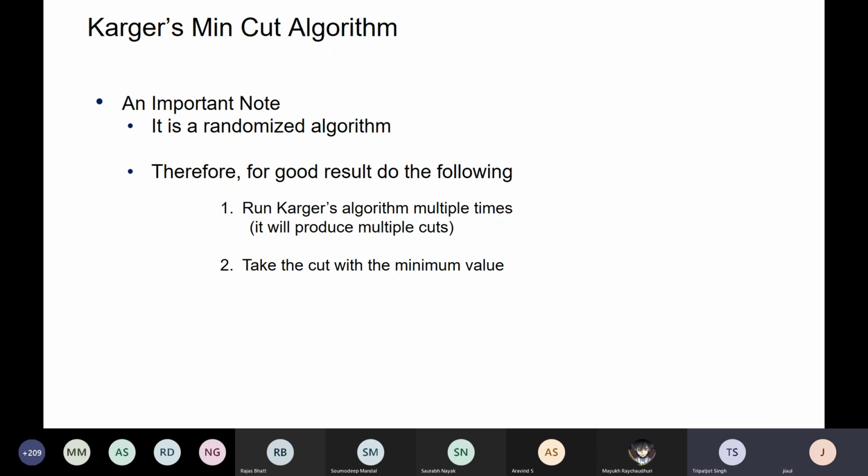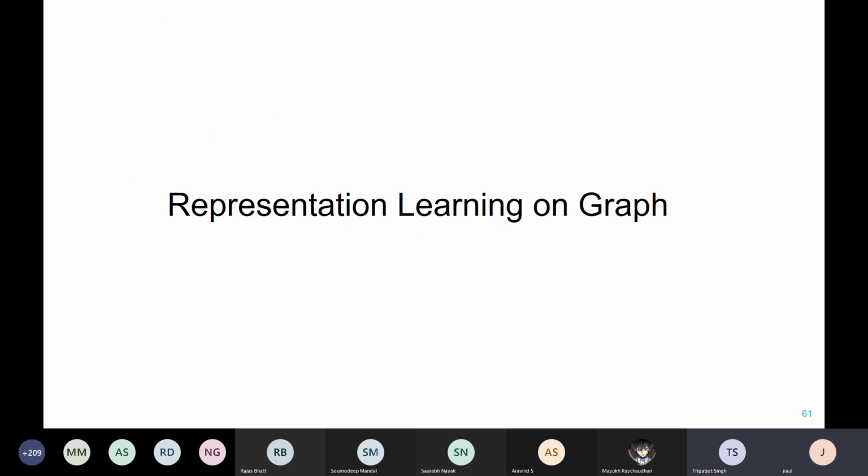So now we are getting into the representation learning on graph, and that is more recent compared to the other ones. Okay. So you have probably heard of representation learning on natural language, on images, and all kinds of stuff.